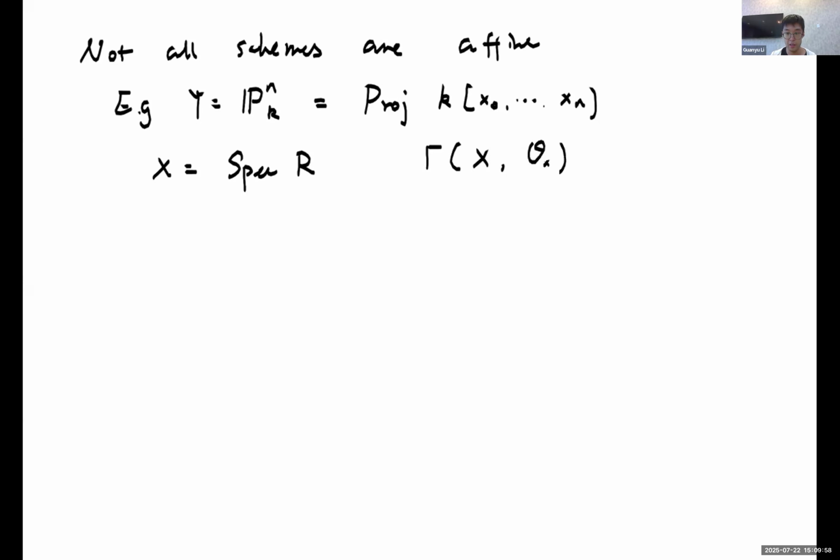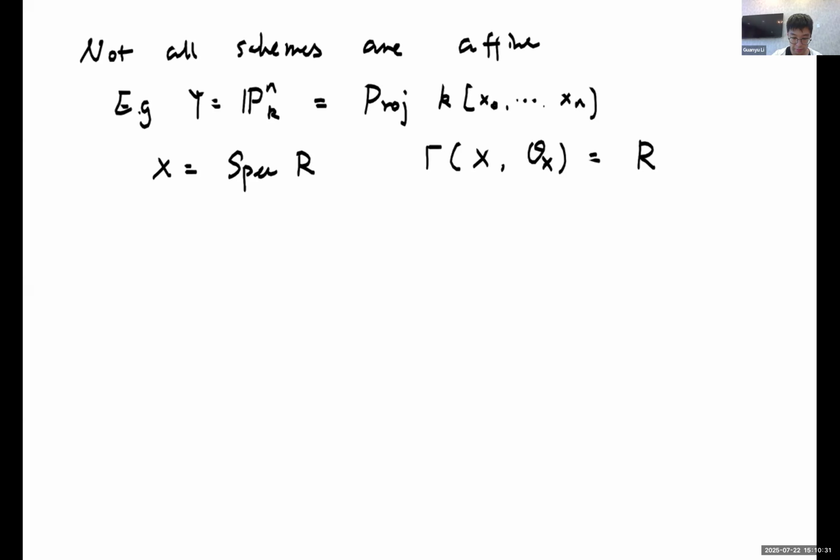You could think of this as all the rational functions on your scheme, and because it's local, all the rational functions on it are just the defining rational functions on it, which is R. And this is basically why scheme is useful: the space is determined by its functions.